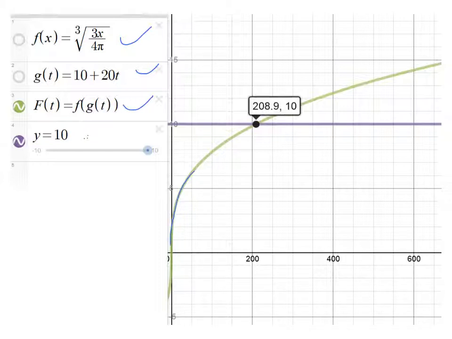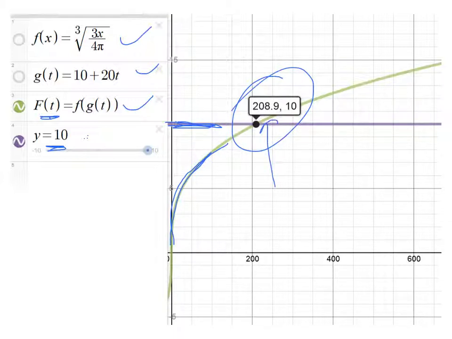I asked, where does this f of t equal 10? So I graphed y equals 10 and the f of t function, and notice I'm getting the exact same answer I did analytically. When t is 208.9, y is equal to 10, and that's what we found algebraically.